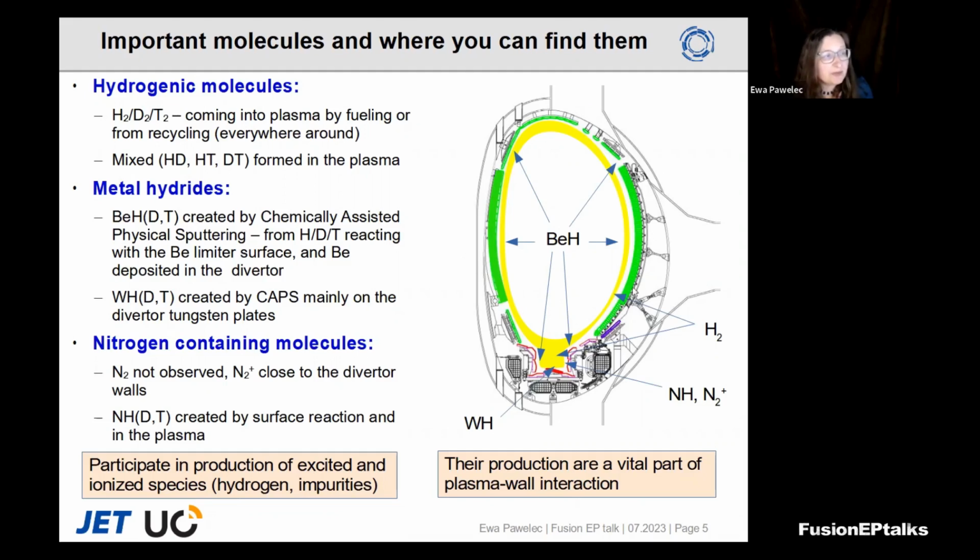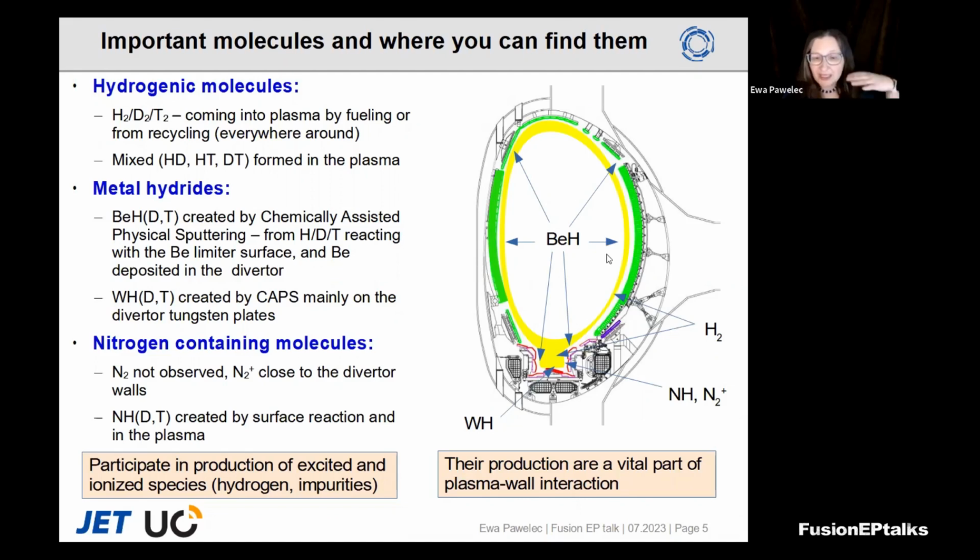Of course, we have those metal hydrides, or the wall hydrides, meaning that the hydrogenic species are interacting with the metal on the walls, and they are forming the hydrides. And such a hydride is something that is normally formed by so-called chemically assisted physical sputtering.